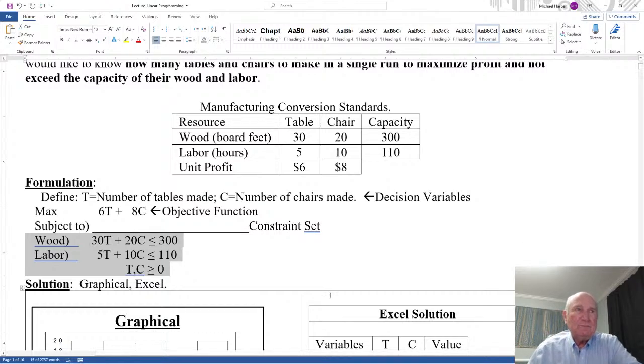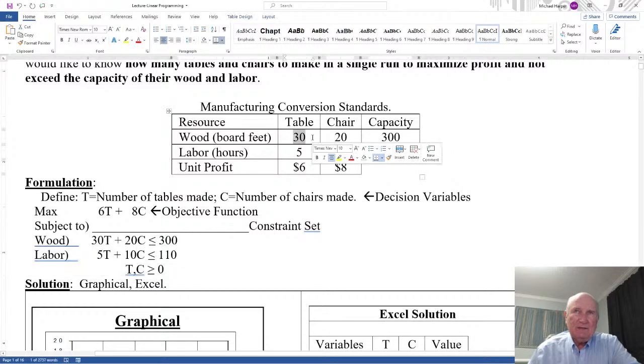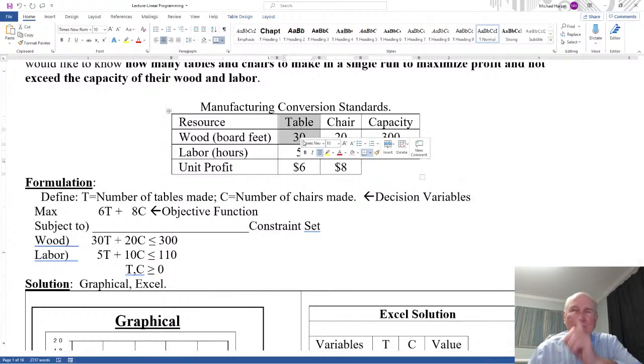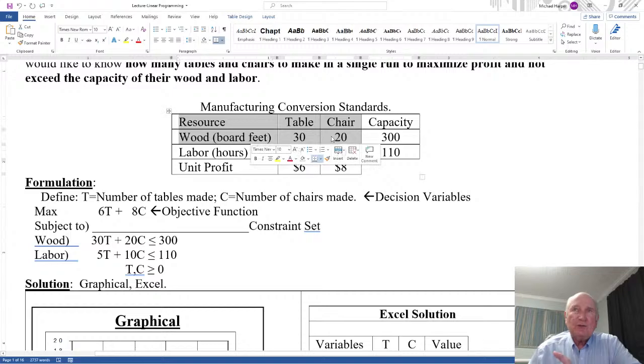Okay, so as we get into this, you say, okay, well, what does the 30 mean? The 30 means every table I make, one table requires 30 board feet of wood. Every chair requires 20 board feet of wood. Okay, so if I make one table and one chair, I'm going to be using up 50 board feet of wood.